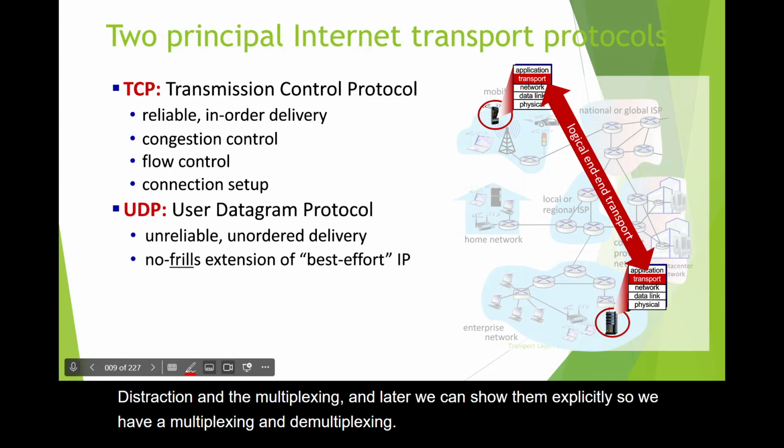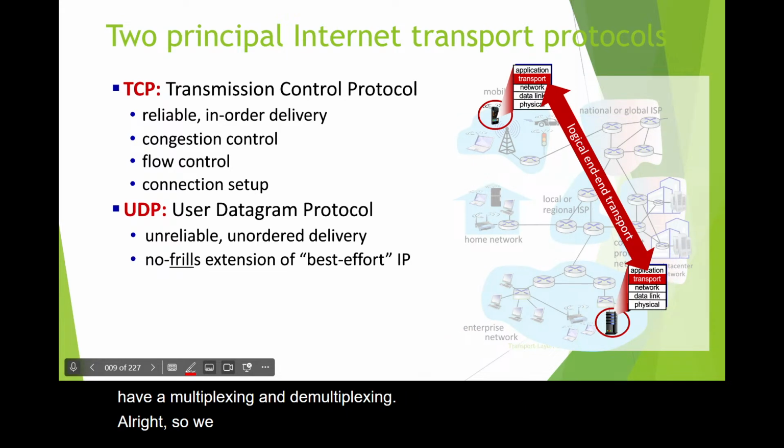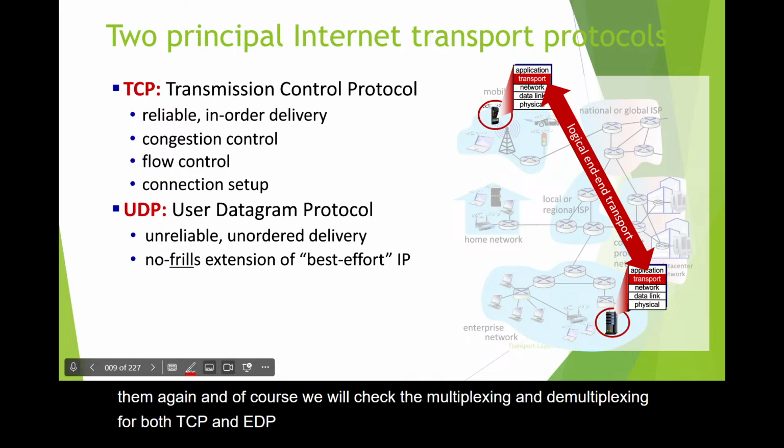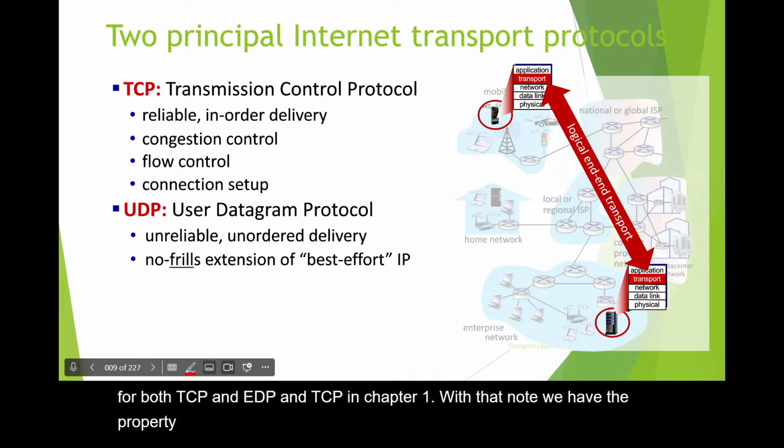So we have multiplexing and demultiplexing. Later, we will emphasize them again. And of course, we will check multiplexing and demultiplexing for both TCP and UDP. And TCP, as in chapter 1, has the property of reliability. So we have in-order delivery.